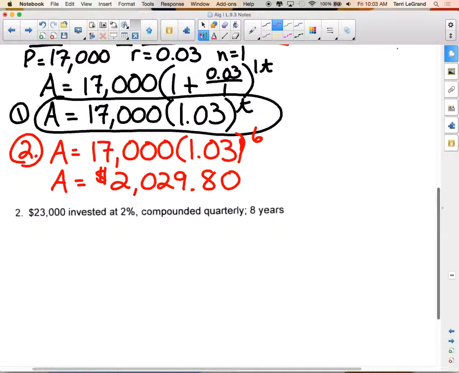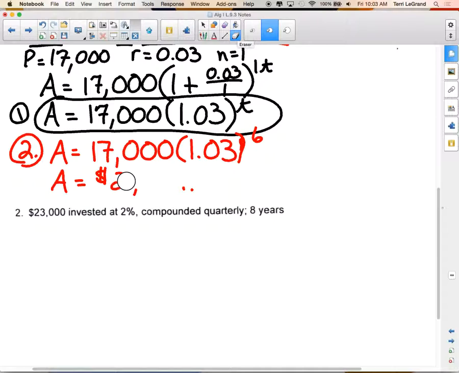Okay. Should Devin stop and ask himself, does this seem reasonable? No. Oh, I did it wrong. I was gonna say, if it started with 17,000, now it's down to 2,000, that's a problem, isn't it? It's 20,290. Okay. Yeah, that seems like a little bit better. At least we made some money.